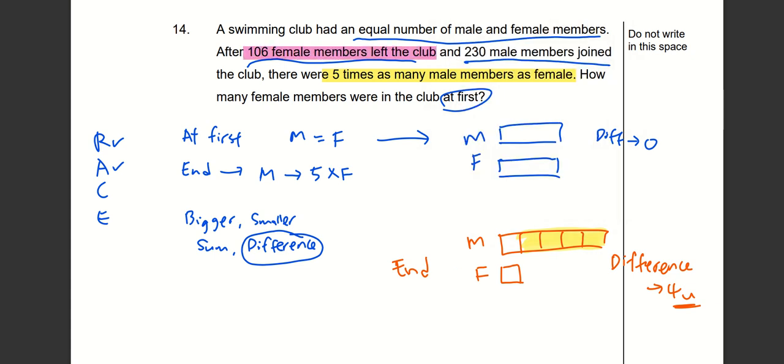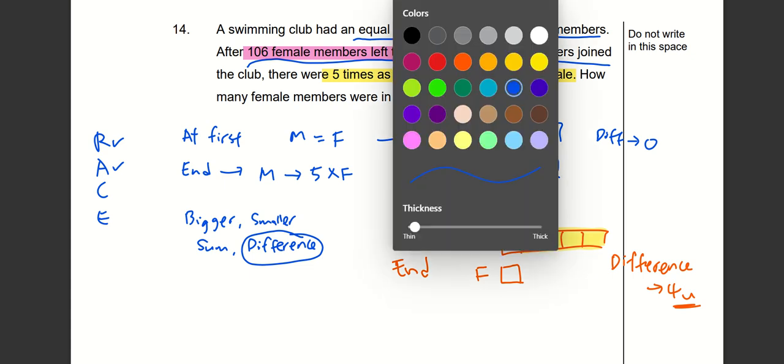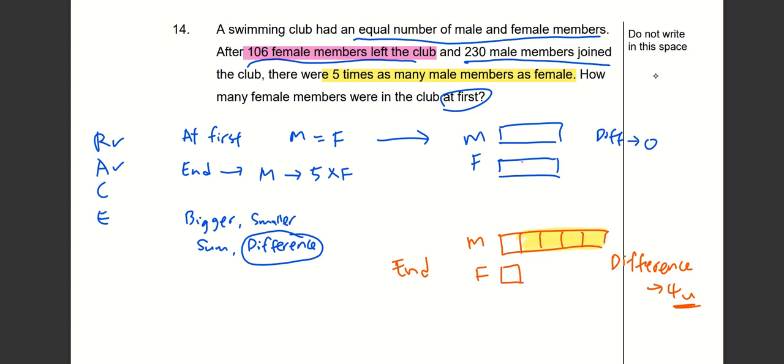A part of the portion leaving, so if I cut the model here, this part, 106 left the club.